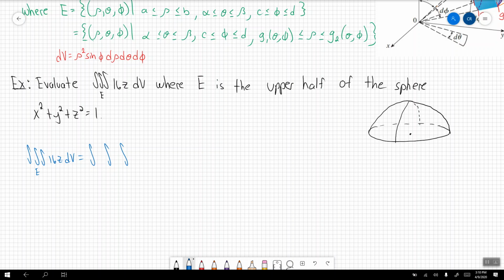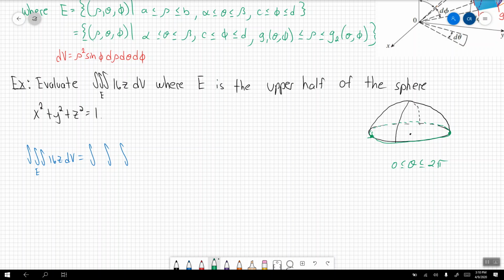As you can probably guess, theta is going to be one of the easiest ones to work with, because if it starts at the positive x-axis, it just goes all the way around, giving us a whole circle, which means theta is going to move from 0 to 2 pi. So theta, we automatically know, is moving from 0 to 2 pi.